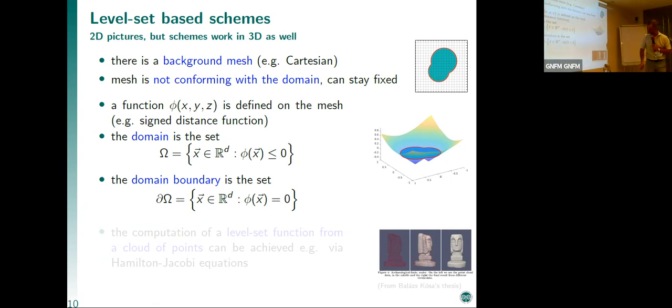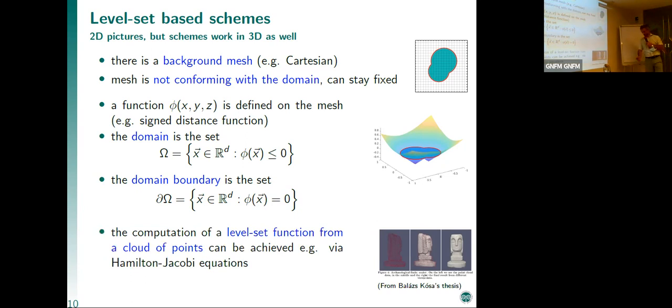And by the way, the process of going from a cloud of points to computing this level set function phi is somehow a solved problem. So this is just an example.